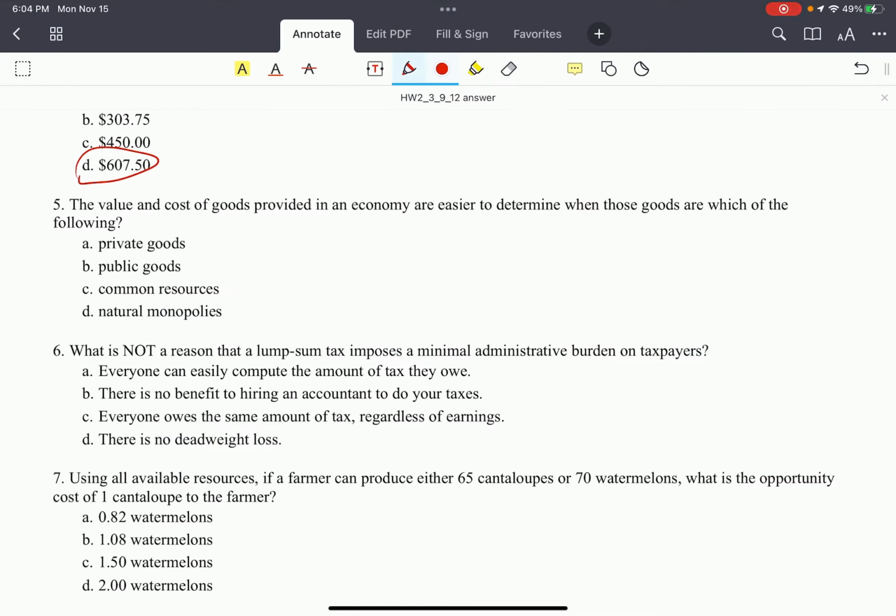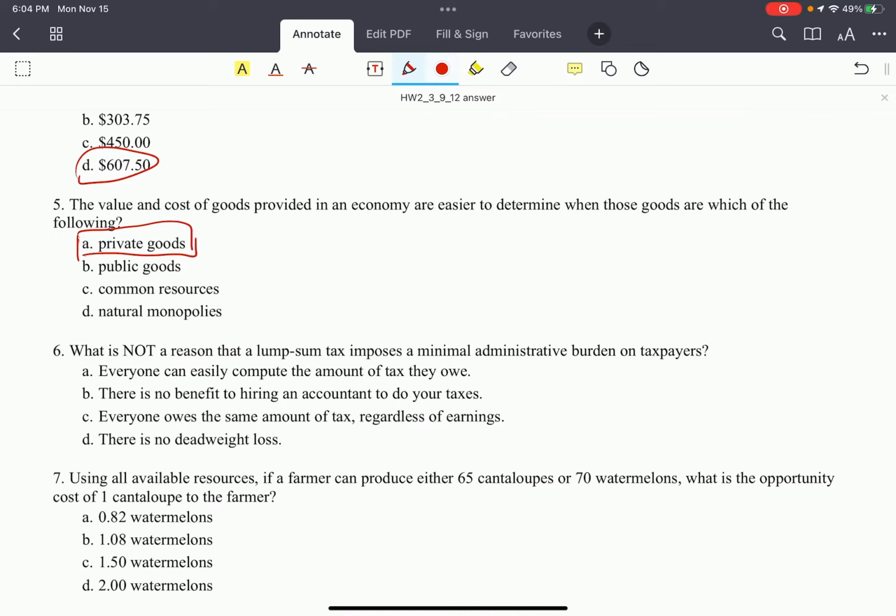Okay, fifth, the value and cost of goods provided in an economy are easier to determine when those goods are which of the following. Well, you should choose private goods here, because private goods basically means there is rivalry and there is excludability. So this is a well-defined good, and you can measure its value and cost.